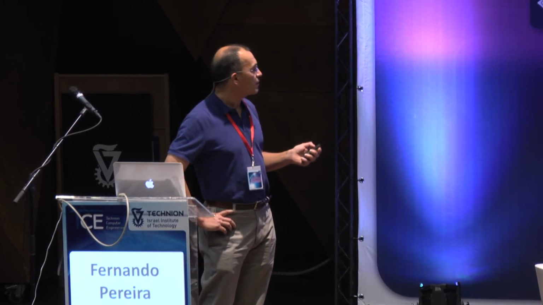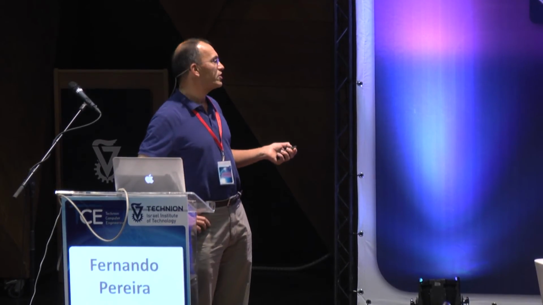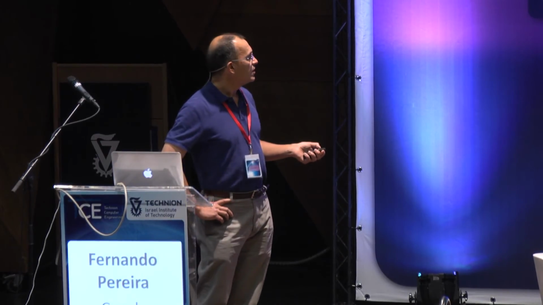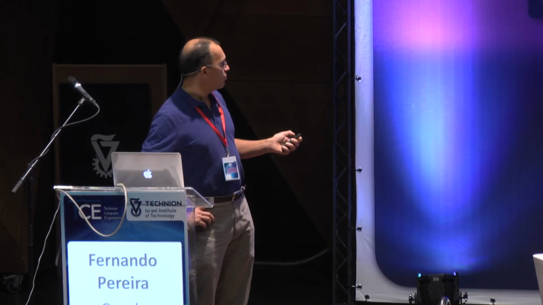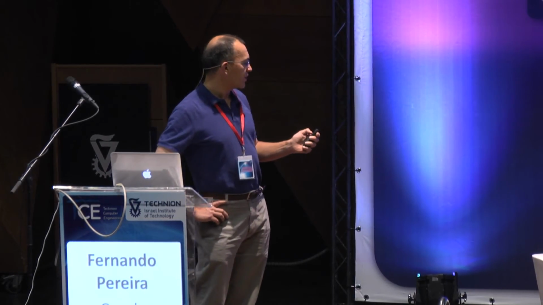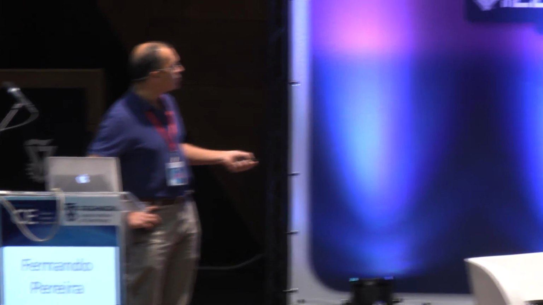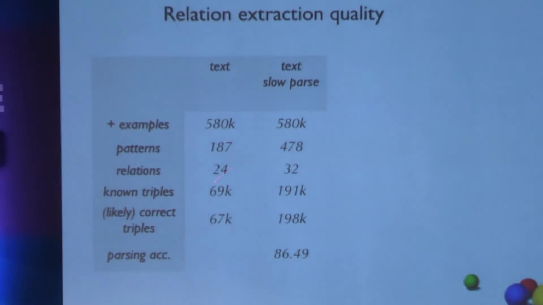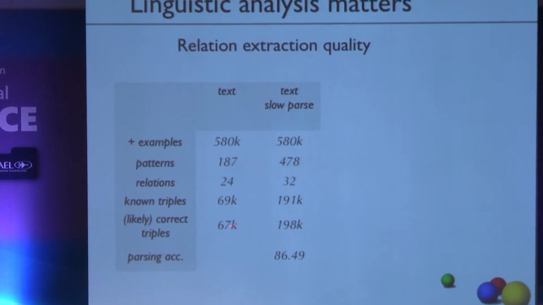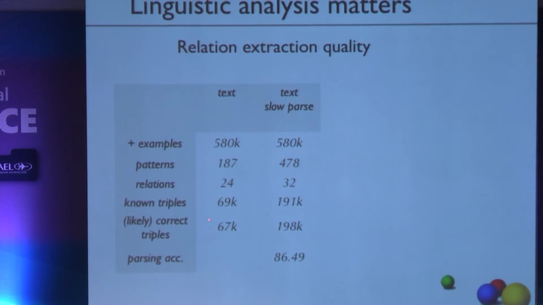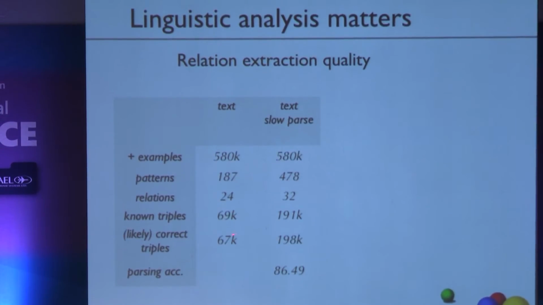We did some experiments with extracting relations like that from text, and this is a little sample. If I use patterns directly from text, I get some number of extractions of known triples, that is, things I know for sure are true, and we have some other criteria to guess whether something might be true. We have some more that we think are correct.